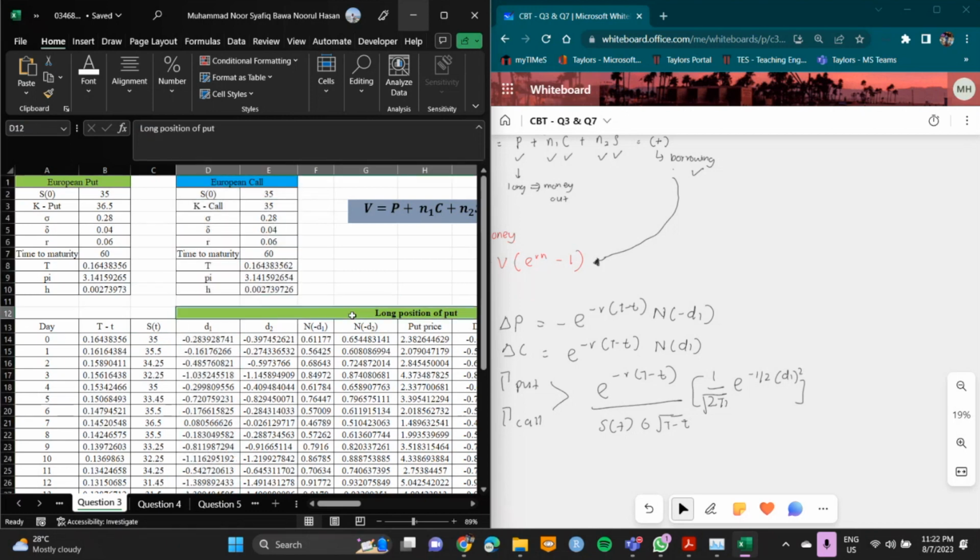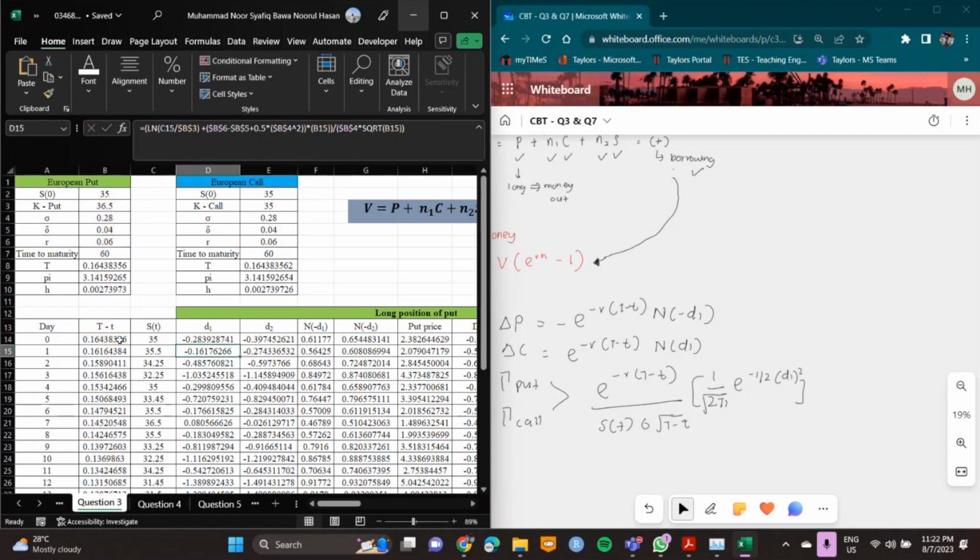And then for the long position put, of course, we find the D1. So D1 is long, only focusing on the put here, so we only use the data from the put. So we do S naught over K plus r minus delta plus 0.5 sigma squared times the T. In this case, we must take the T. The T values will always change because the price changes by day.